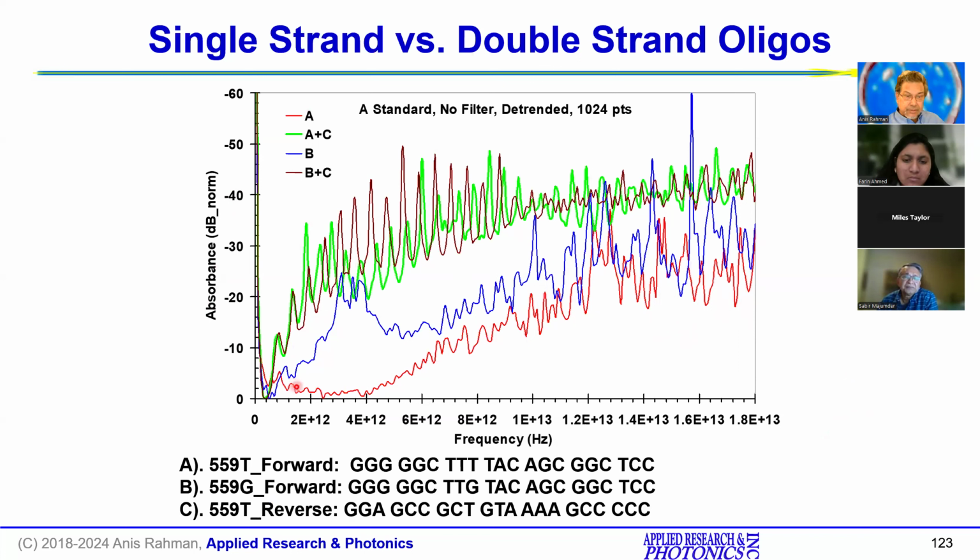So this red curve is only A, adenine, and the blue curve is only G, which is the mutation from T to G. And then A plus C, B plus C, these are the strands.